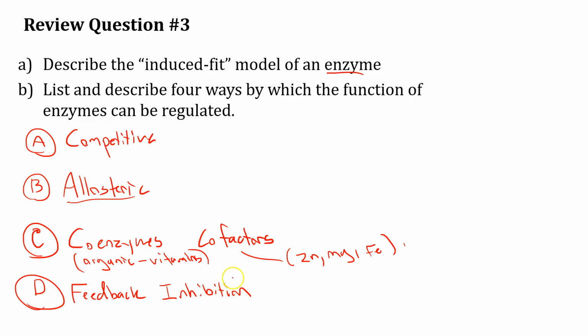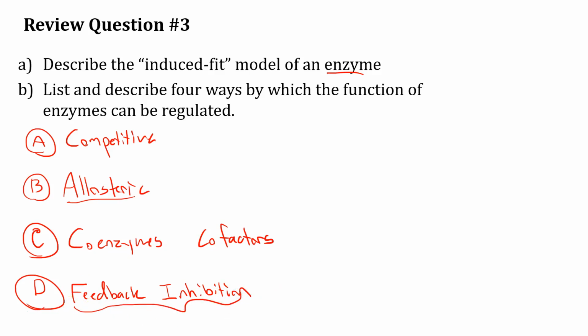Okay. And then lastly, we have feedback inhibition. And again, what feedback inhibition is, I'm not going to draw that because that would take me forever. But let's say you have a metabolic pathway. You have some substrate like this that needs to somehow get converted into two separate little parts.